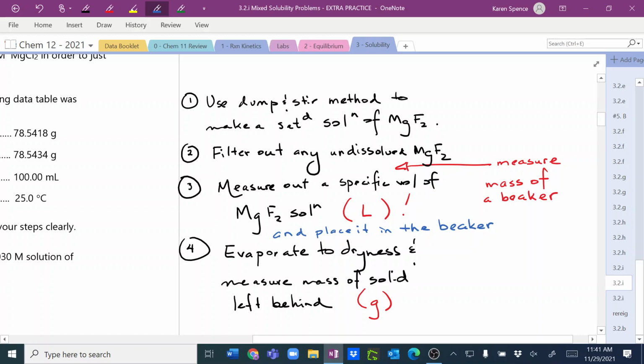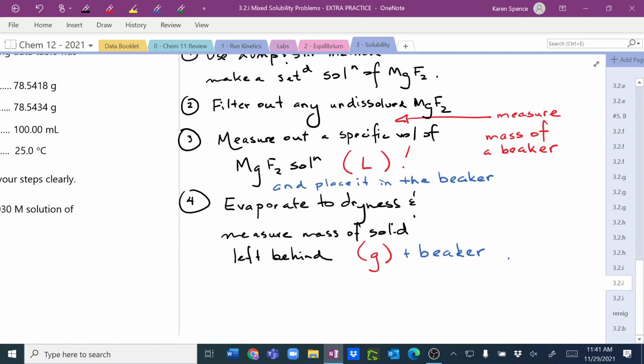Does that make sense? So now you know the mass of the beaker, you've placed that in there, you're going to evaporate it to dryness, and now you're going to measure the mass of the solid left behind plus the beaker.